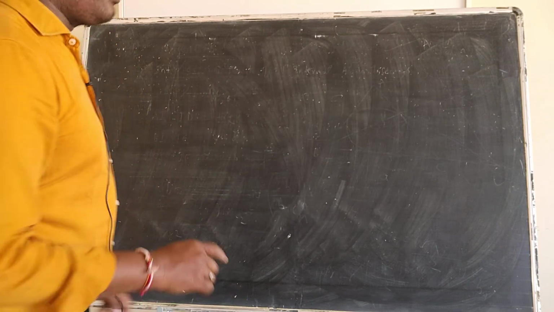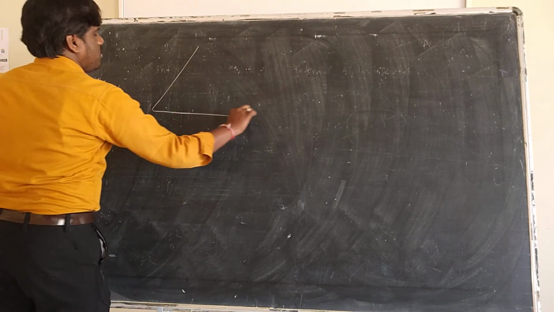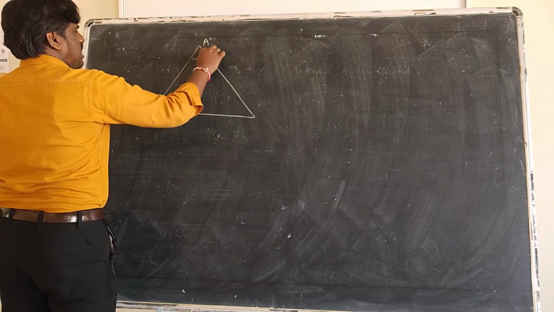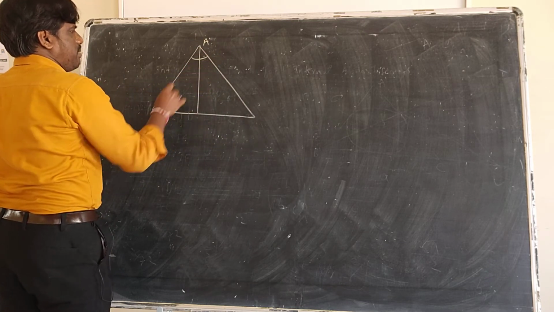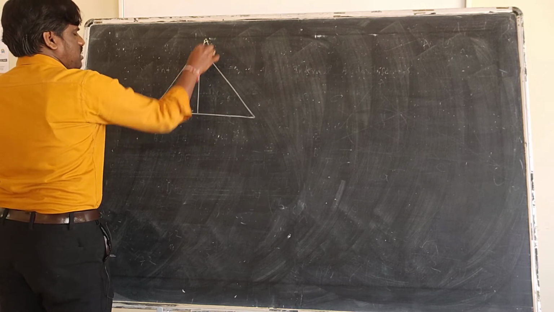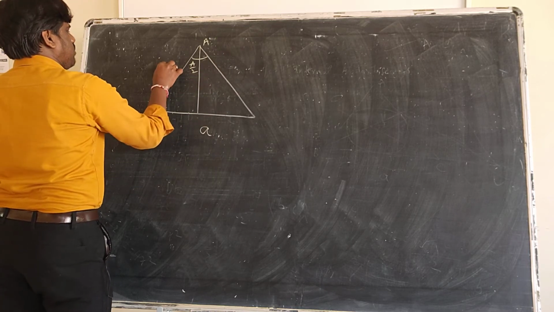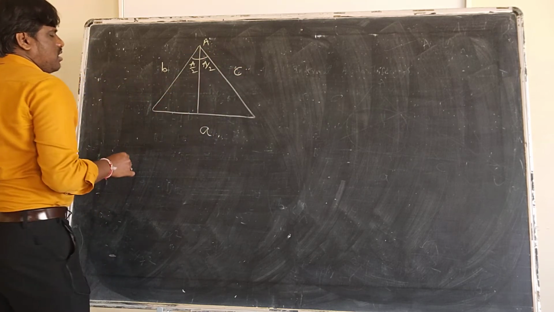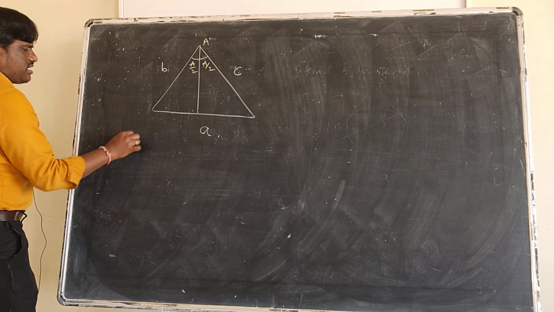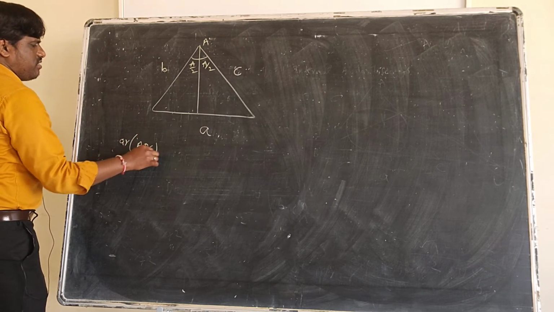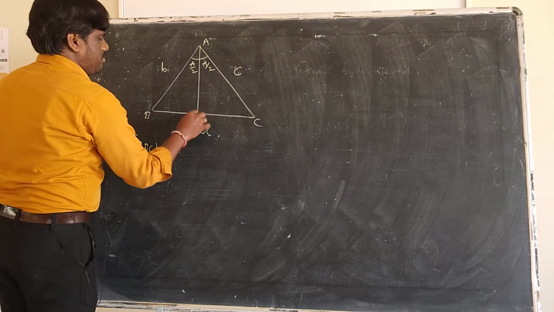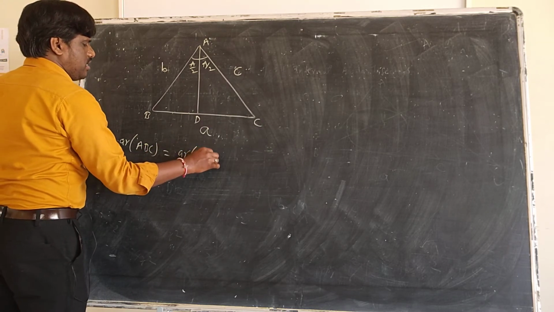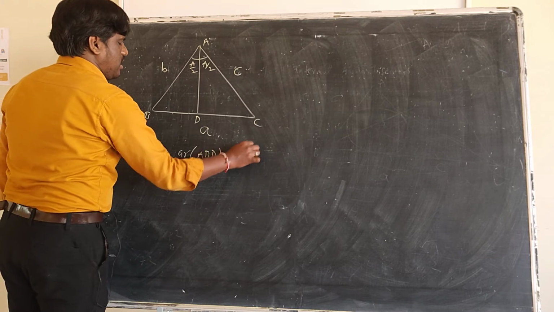See here, if you want the angular bisector proof, you can take a triangle and the angle A is divided into A by 2 and A by 2. This length will be a, this length b, this length c. Area of triangle ABC can be written as area of triangle ABD plus area of triangle ADC.